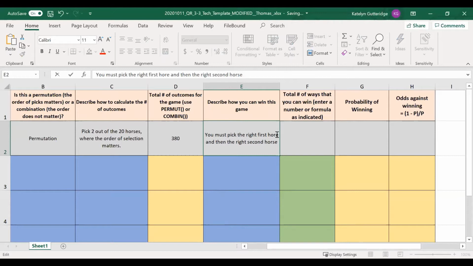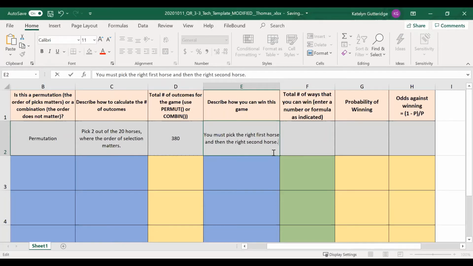So we have to pick the correct horse to come in first. We have to pick the correct horse to come in second. Another way of phrasing it is you are picking the first two horses in order to finish this race. That is what's happening here. We are picking the horse that'll come in first, picking the horse that'll come in second. We have to get our first place and our second place horse correct to win the game.